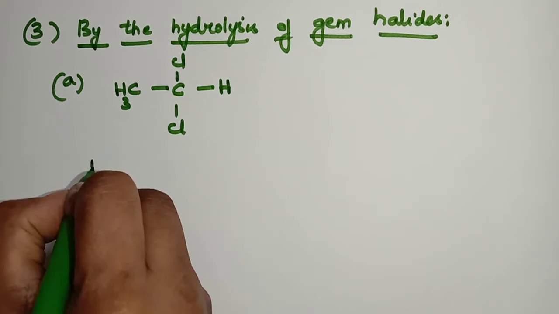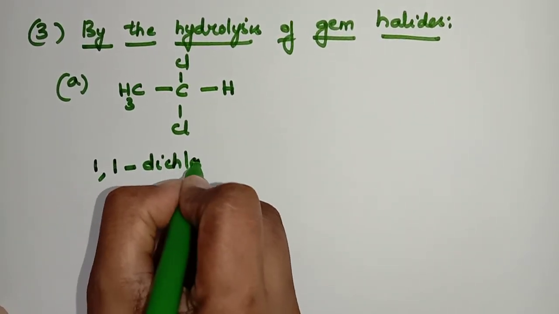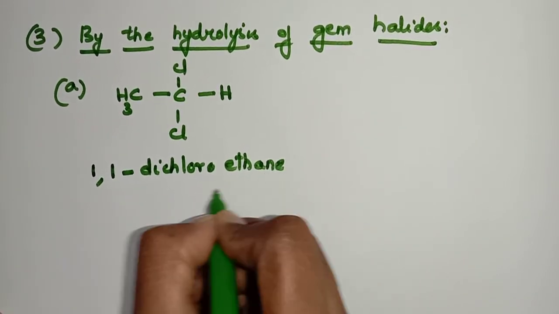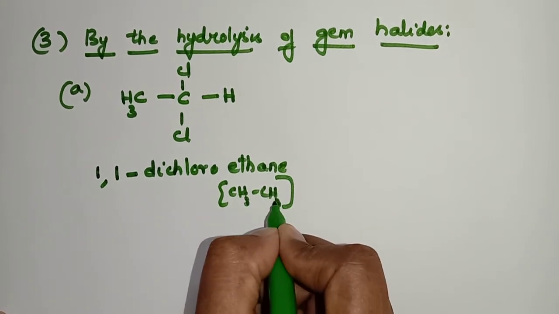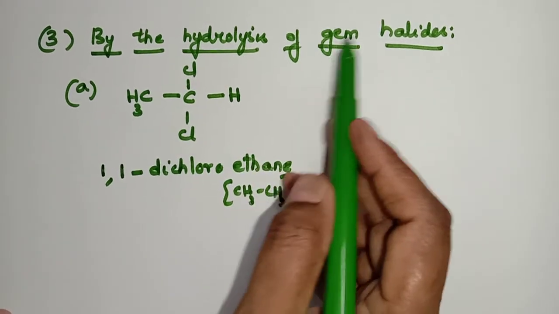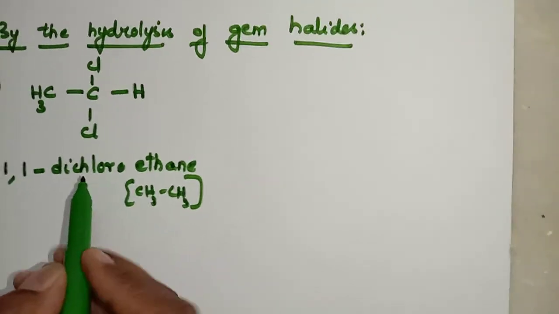This can be called 1,1-dichloroethane. Ethane is CH3 CH3. So when 2 hydrogens are replaced by 2 halogens, it is called a gem halide. So its name is 1,1-dichloroethane.